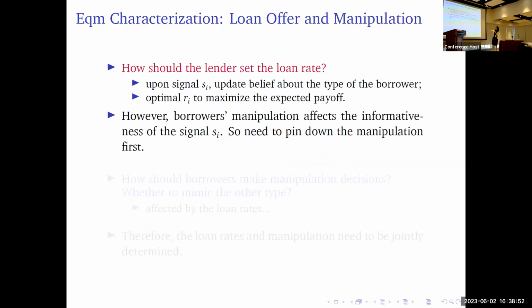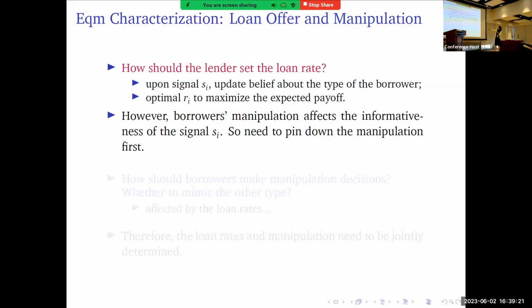Next, we move back to think about the optimal interest rates offered by the lender and the manipulation. Now I will show you that those two decisions are jointly determined. Why is that? First, think about the lender's optimal loan offer. From the lender's perspective, after it observes the signal, it will update its belief about the type of the borrower.